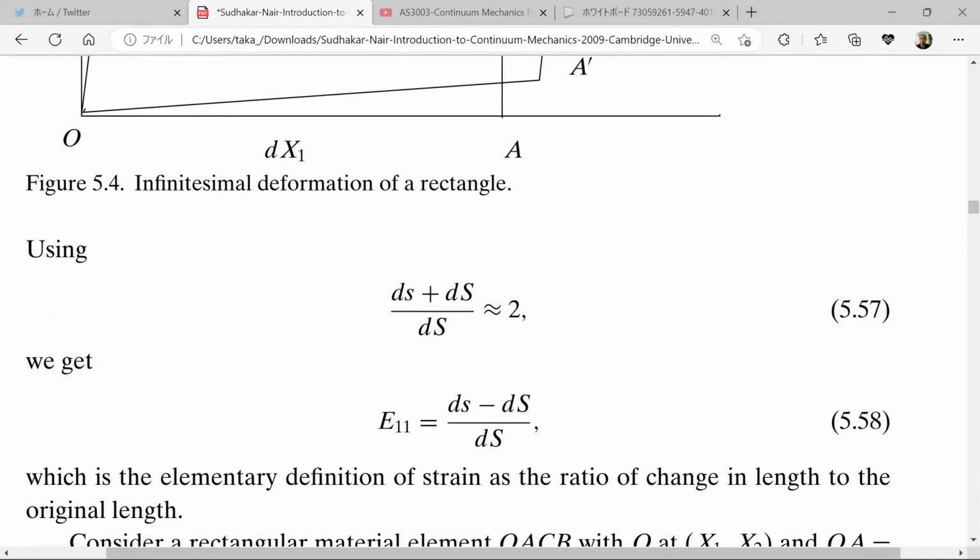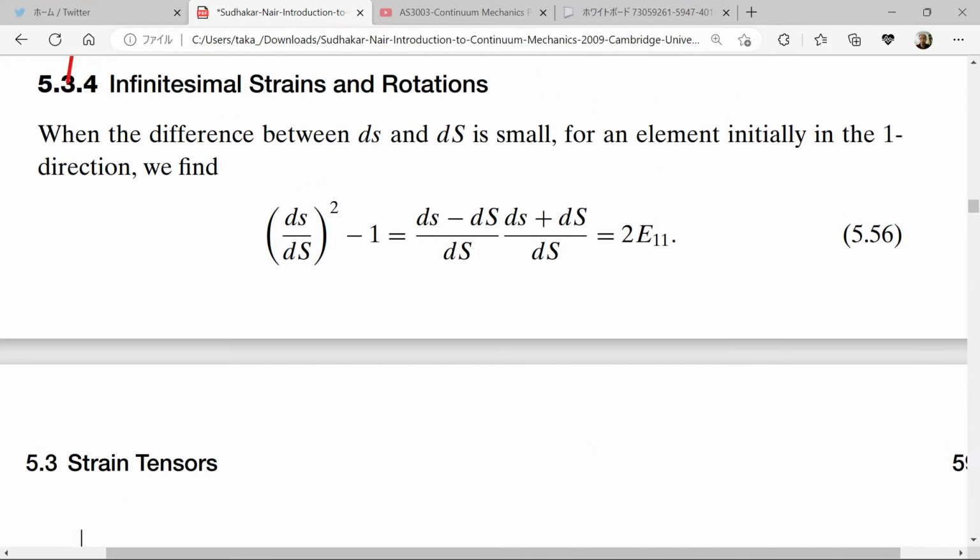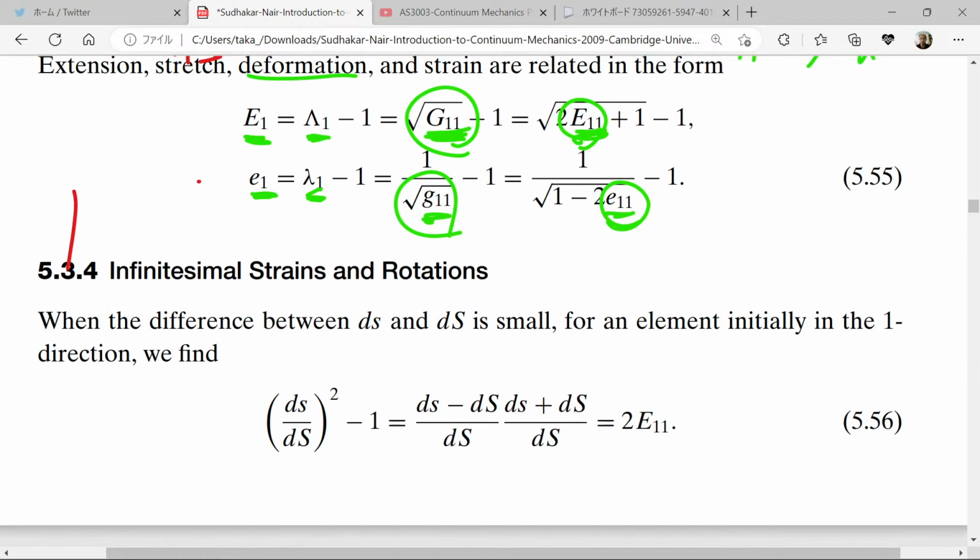Using... complicated. How do you get it?